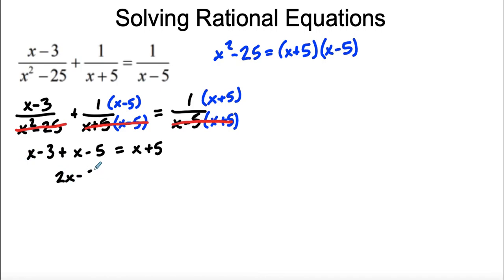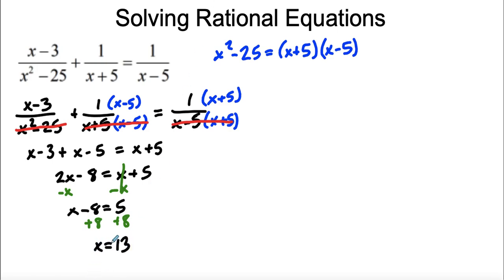We got 2x minus 8, and then we have x plus 5. I'm going to simplify and solve. I'm going to move this x over to the other side. That's going to give me x minus 8 equals 5. Now I just move the 8 to the other side by adding 8 to both sides, and I got x equals 13.